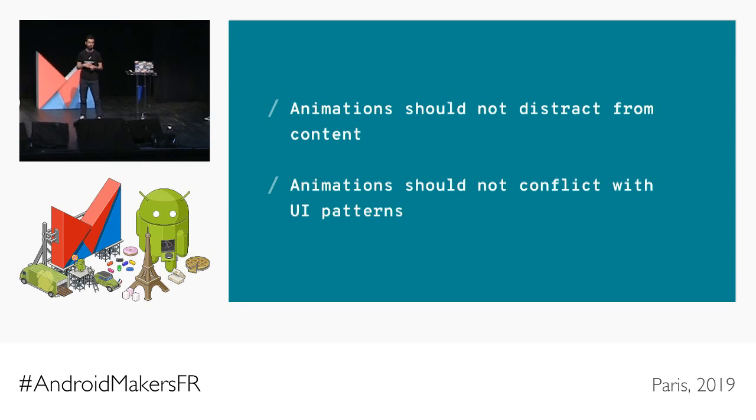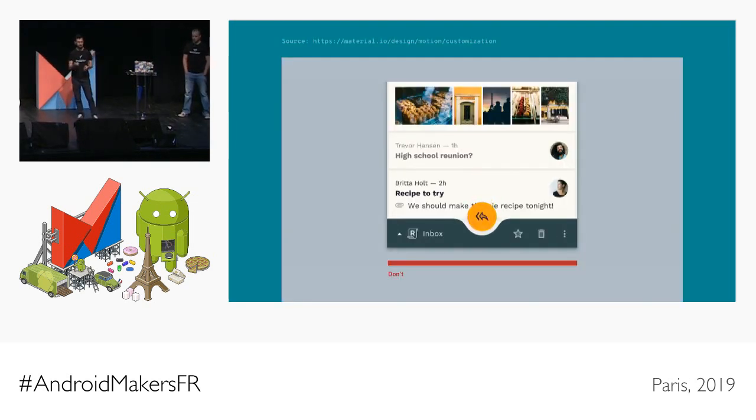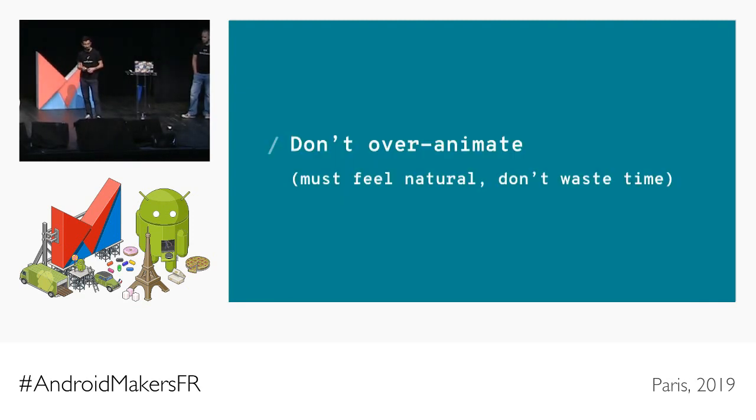Animation should also not distract from the content, as we just mentioned, and also should not conflict with the UI patterns or navigational elements. Like in this case, taken from the Material guidelines, applying this kind of custom motion to the main navigation, to the FAB, doesn't really help the user. And finally, we should try not to over-animate.